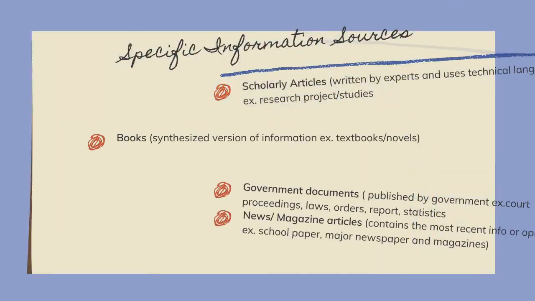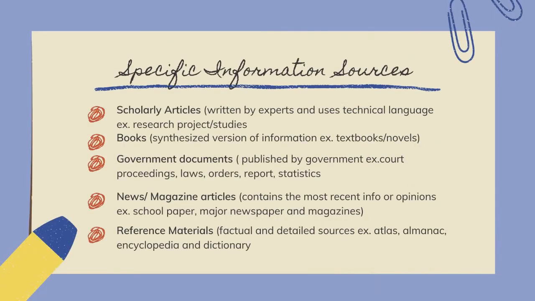Aside from the major sources specified herein, there are specific information sources that may be used in accessing certain details or information. These include the following: scholarly articles, which are written by experts and use technical language. Example of this is research project or studies.